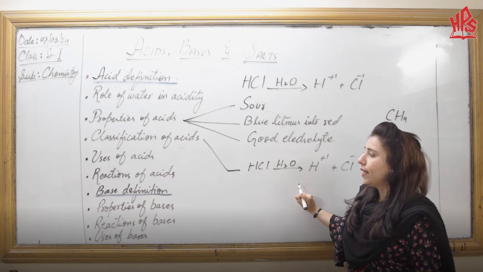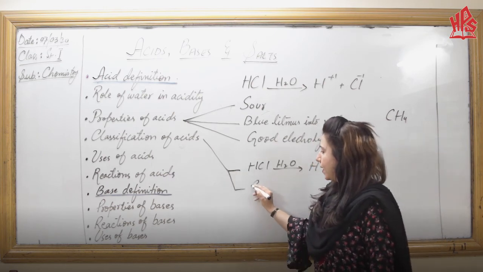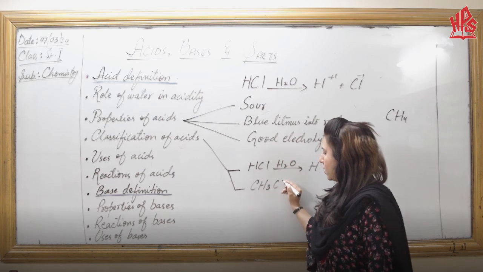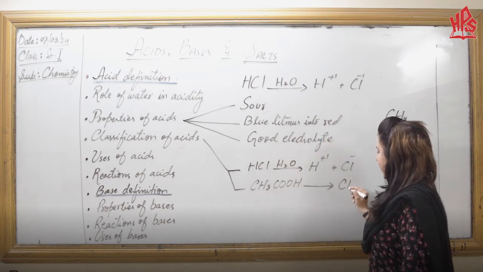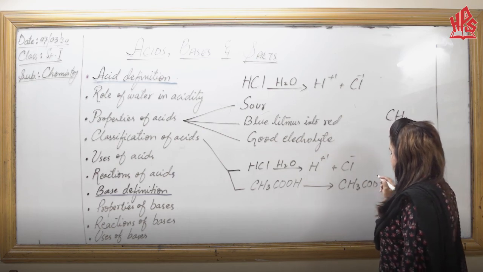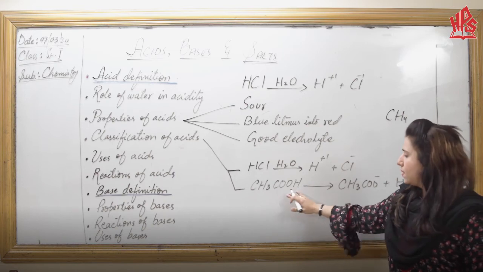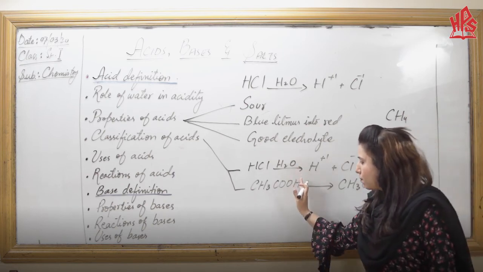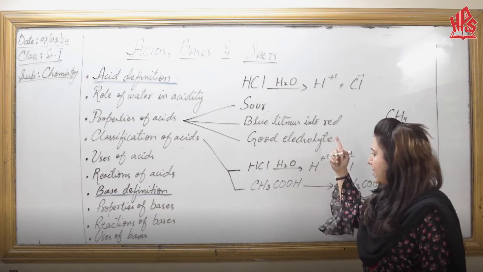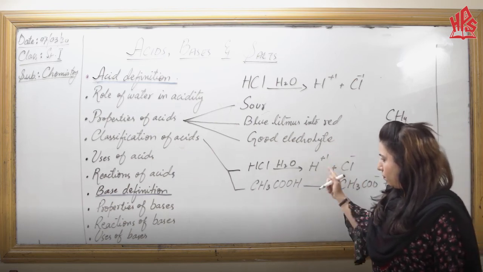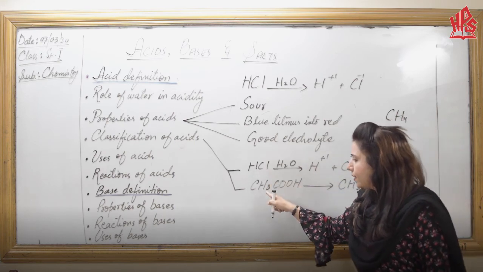And when we take the example of a weak acid, let's suppose acetic acid, CH3COOH, it will break into acetate ion and H positive ion. This is a weak acid, which does not break completely into its ions. The acid which breaks completely into its ions is a strong acid, and this is a weak acid.